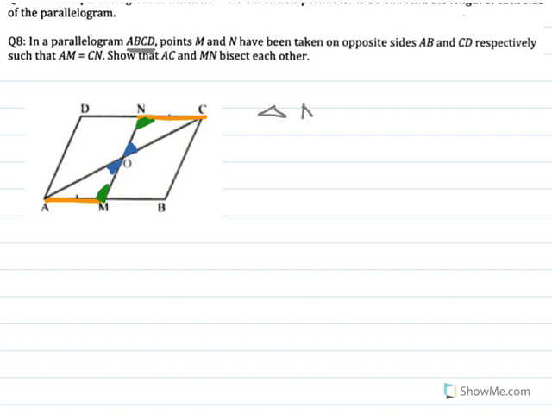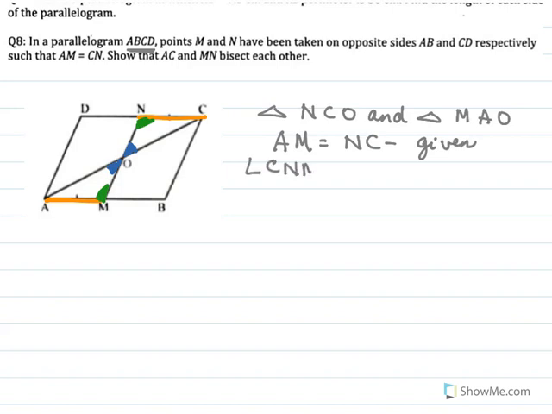So we take up triangle NCO and triangle MAO. First we'll write AM equal to NC, given. Then we have the green angles, angle CNM equal to angle AMO, alternate angles.